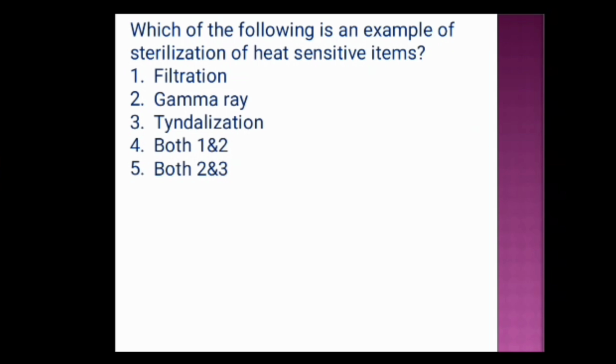Next question, which of the following is an example of sterilization of heat sensitive items? Option 1 filtration, option 2 gamma ray, option 3 tyndallization, option 4 both 1 and 2, option 5 both 2 and 3. The correct answer is option 4, both 1 and 2.